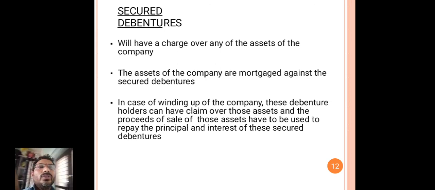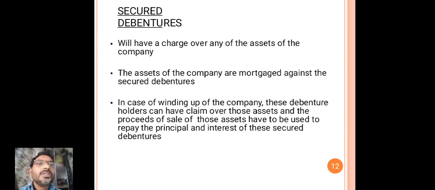In case of winding up of the company, these debenture holders can have claim over those assets, and the proceeds of sale of those assets have to be used to repay the principal and interest of these secured debentures. So here we have to observe one point: the secured debenture holders will have a charge over any asset of the company.